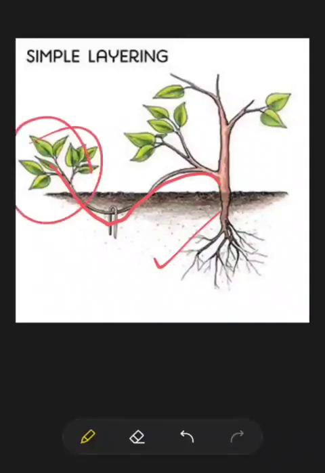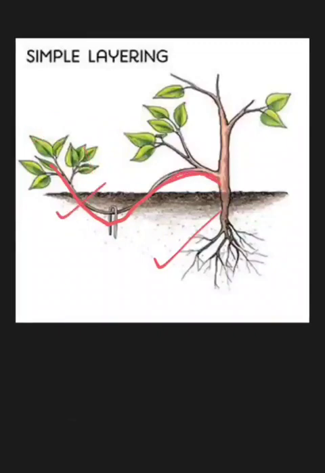So this is a natural method of vegetative propagation by aerial stem. Aerial stem means this stem is in the air and then goes below the soil and then comes above the soil and forms a new plant.